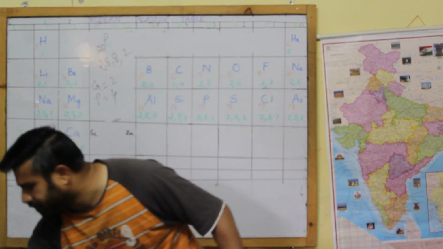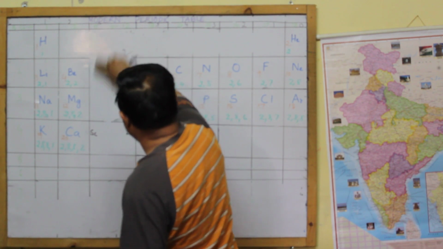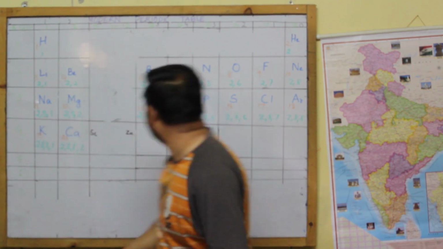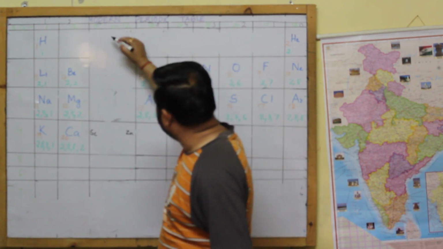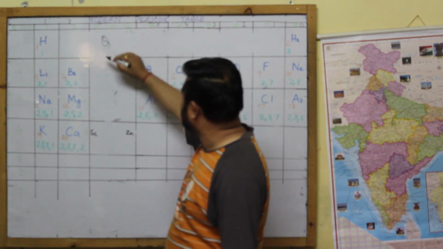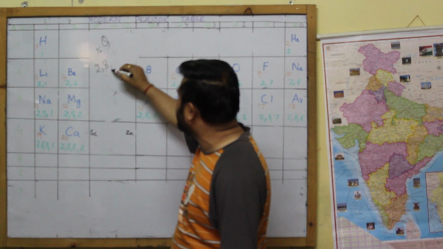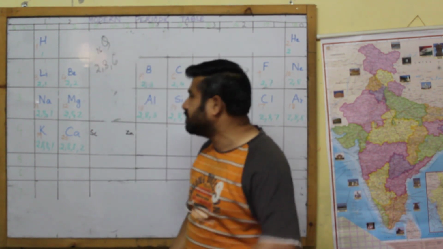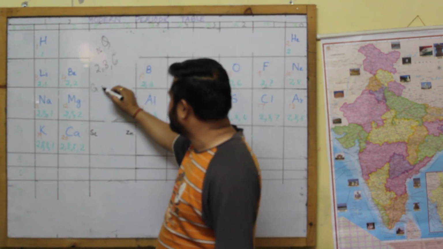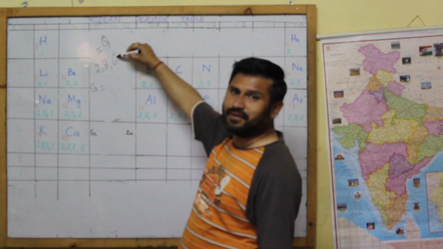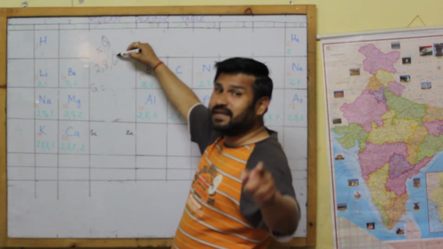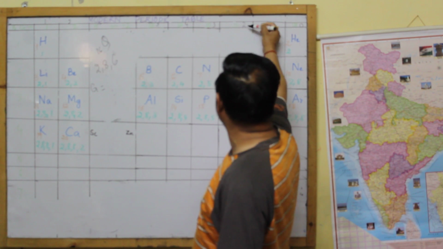Let's take one more example, quickly. Let's take something like say Q, and let's say Q is 16. So in this case, you write down the configuration 2, 8, and 6. Now comes the catch. Which group? It has got 6 valence electrons. 6 valence electrons, group 16.